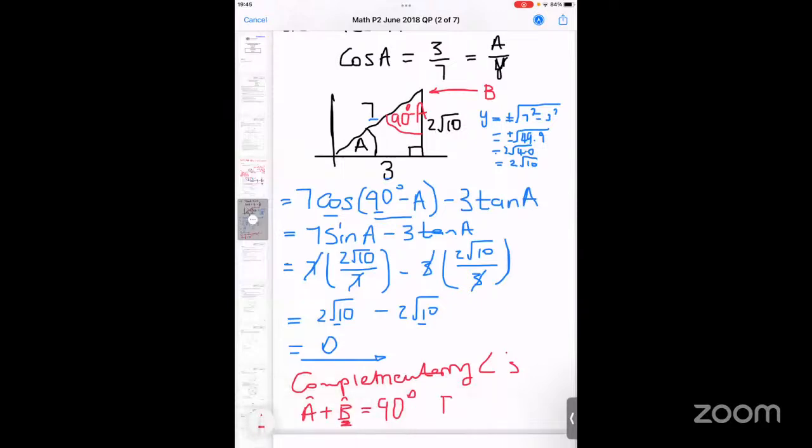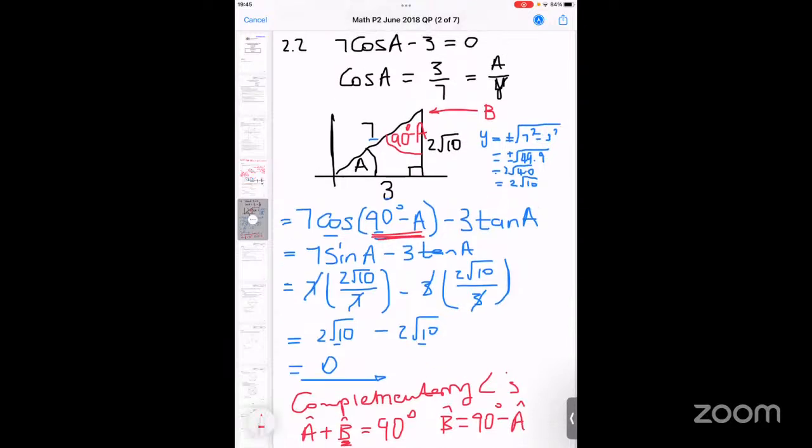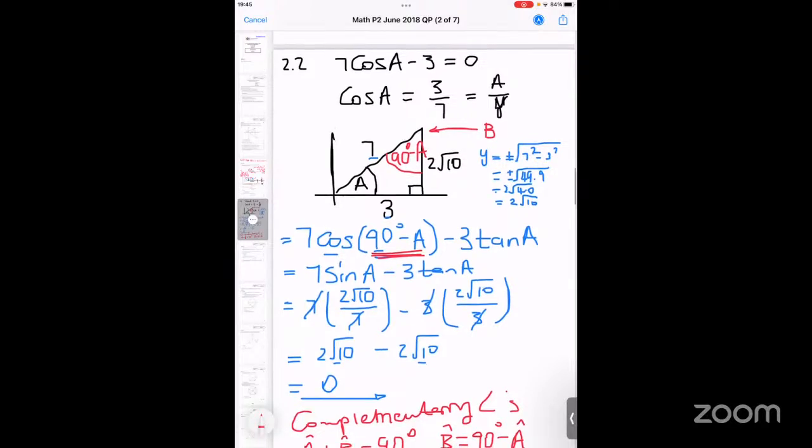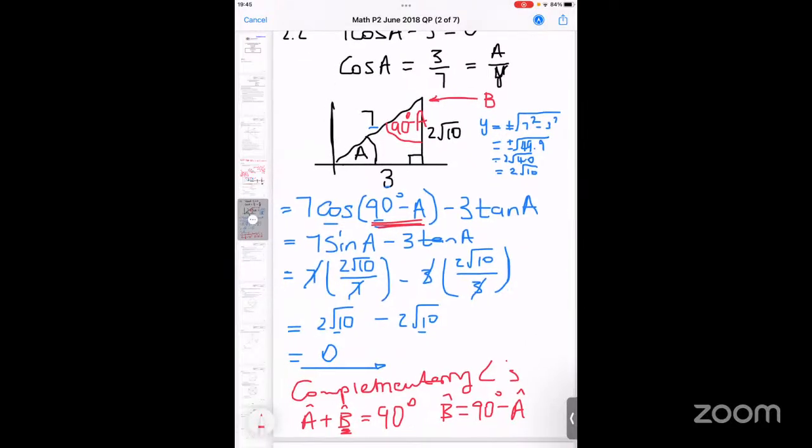So angle B is equal to 90 degrees minus angle A. That's where that is coming from, because originally we were given 7 cos angle B minus 3 tan angle A.